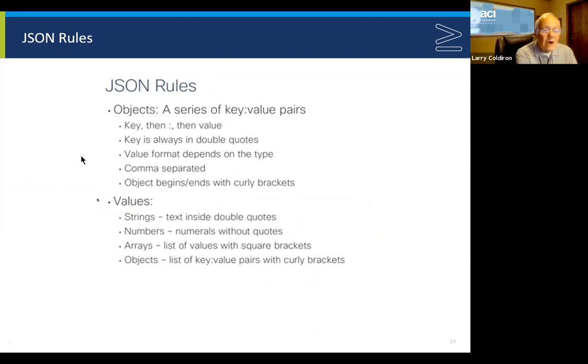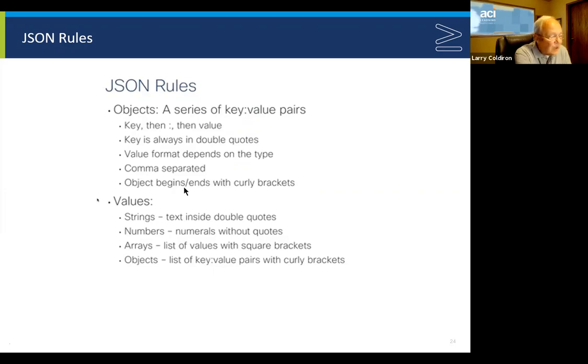The key is always going to be in double quotes. The value format depends upon the type, whether it's in quotes or not. The different key value pairs are going to be comma separated. And the format of this is something that you probably want to take along with you. The object begins and ends with curly braces. So we're going to have objects here, curly braces.